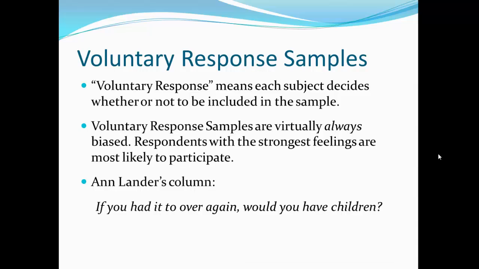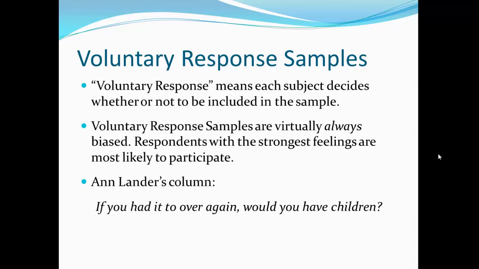Voluntary response samples are virtually always biased, and the reason is that respondents with the strongest feelings are most likely to participate. You'll hear this occasionally on popular radio or television stations. Some kind of question will be posed to the audience, and they'll be encouraged to call a certain number or visit a website to record a vote for whether they agree or disagree with a certain statement.